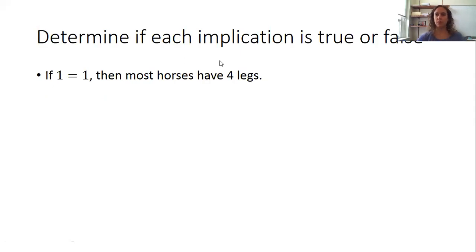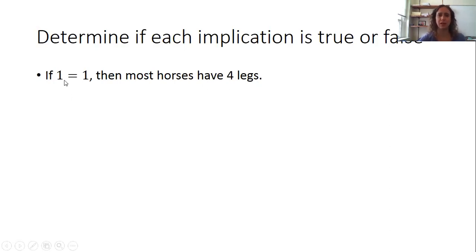All right, so I have some implications here, and we just want to know if they are true or false. The first one is, if 1 is equal to 1, then most horses have 4 legs. We're looking at this in two pieces. The hypothesis part is 1 equals 1, and the conclusion part is most horses have 4 legs.